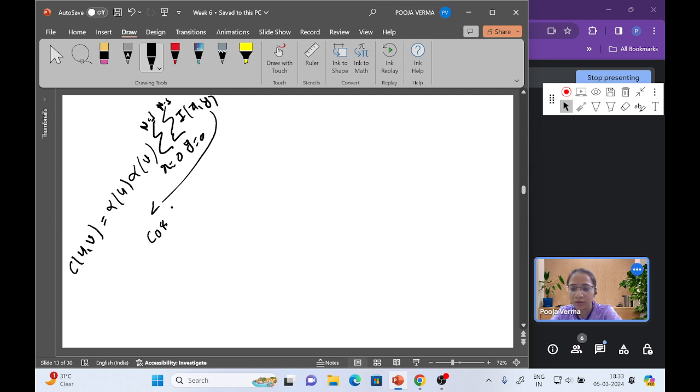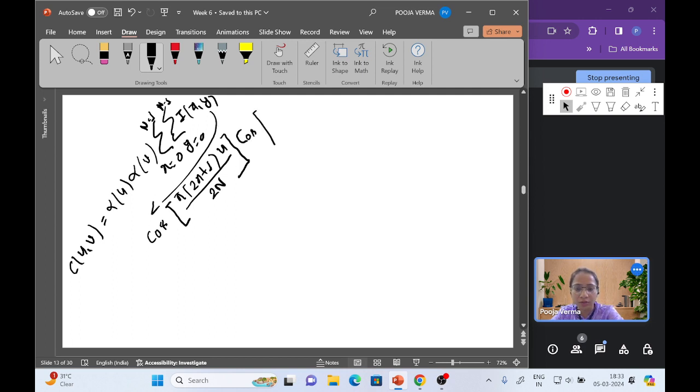cos of pi(2x plus 1)u divided by 2n, right?